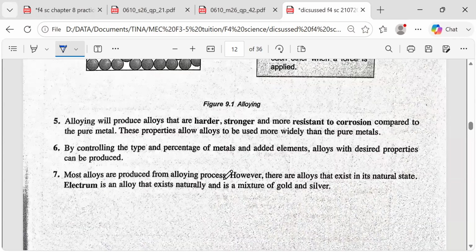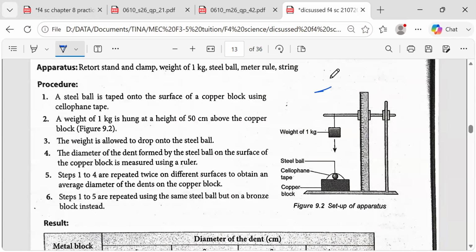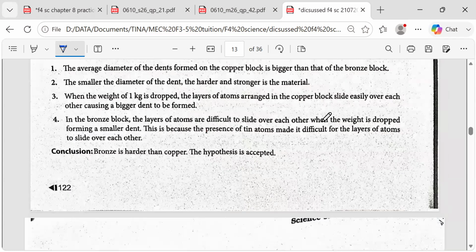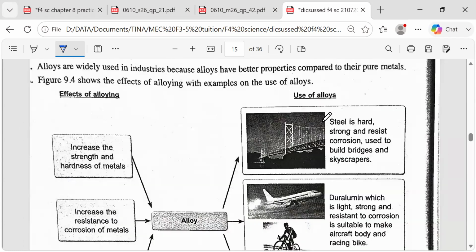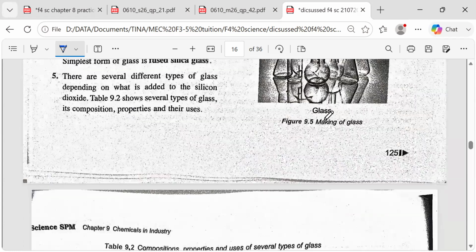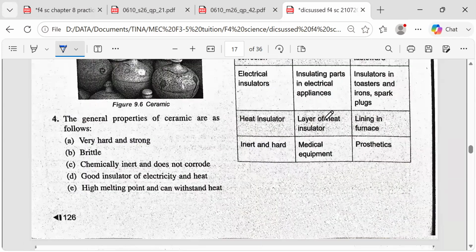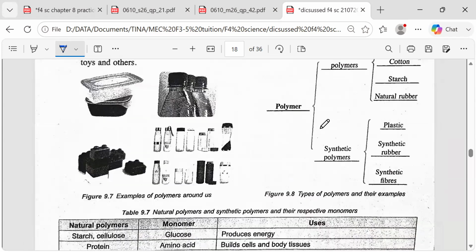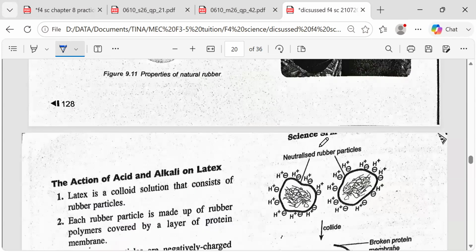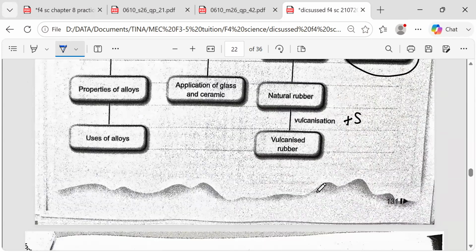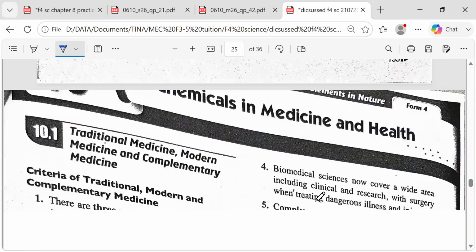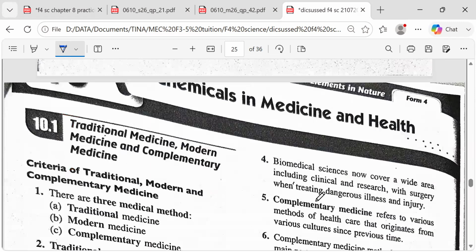Then what can they ask you? The experiment, this experiment, okay? And then okay, we went through alloy already. Then the different kinds of glass. Okay? Do you remember? And polymers. And then last 2 weeks we were talking about medicines. Modern medicine and traditional medicine.